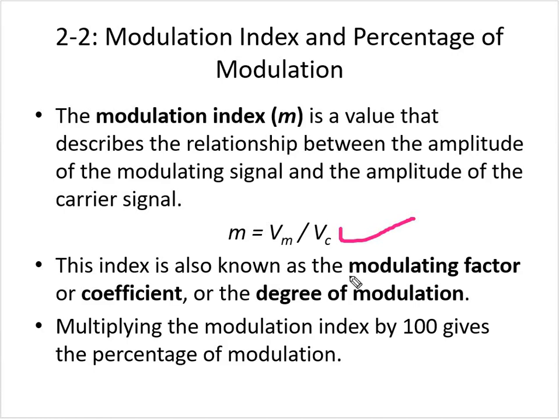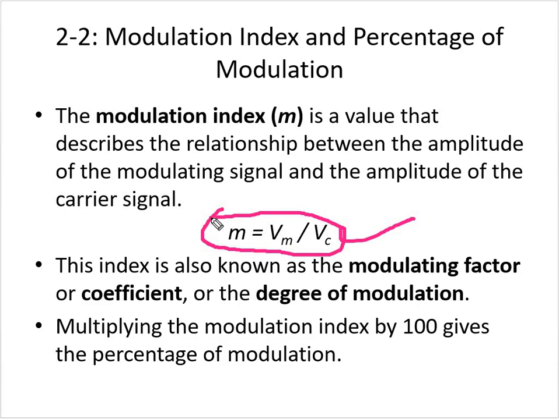This index is known as the modulating factor or coefficient or the degree of modulation. It means that we will be getting this in some number, and it will show us the factor on which we can decide whether it is a good modulator or over modulating, or what type of modulation it is.